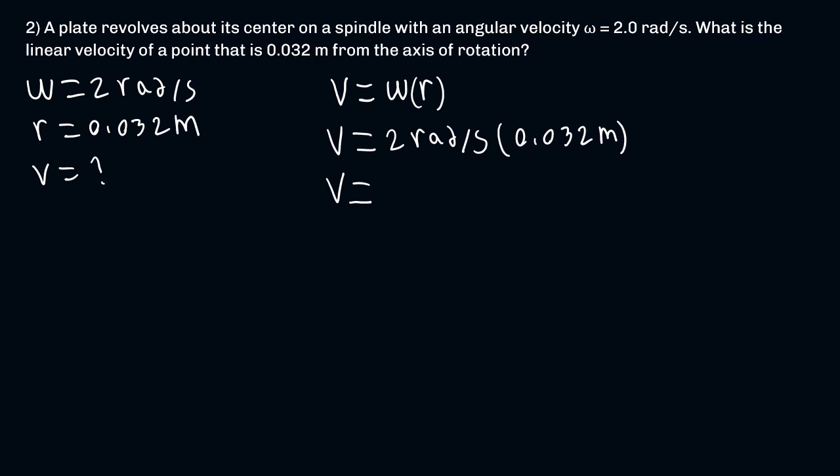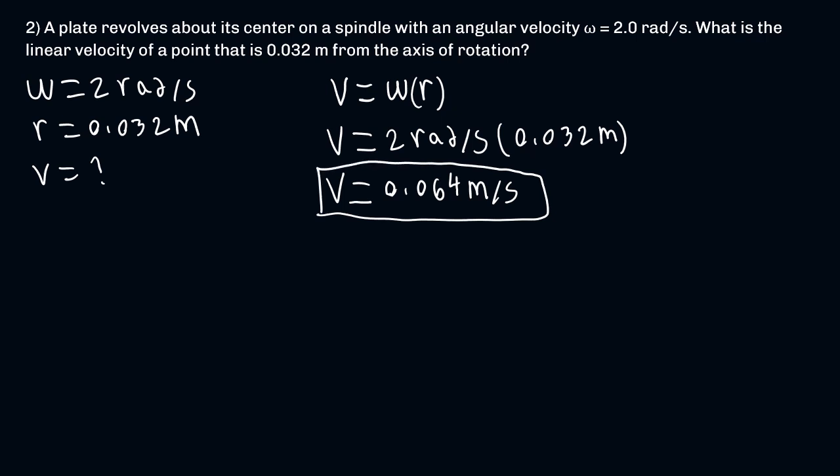So 2 times 0.032, and that is going to be 0.064, and now it's going to be back to meters per second. So that's your final answer. Let's move into our next example.